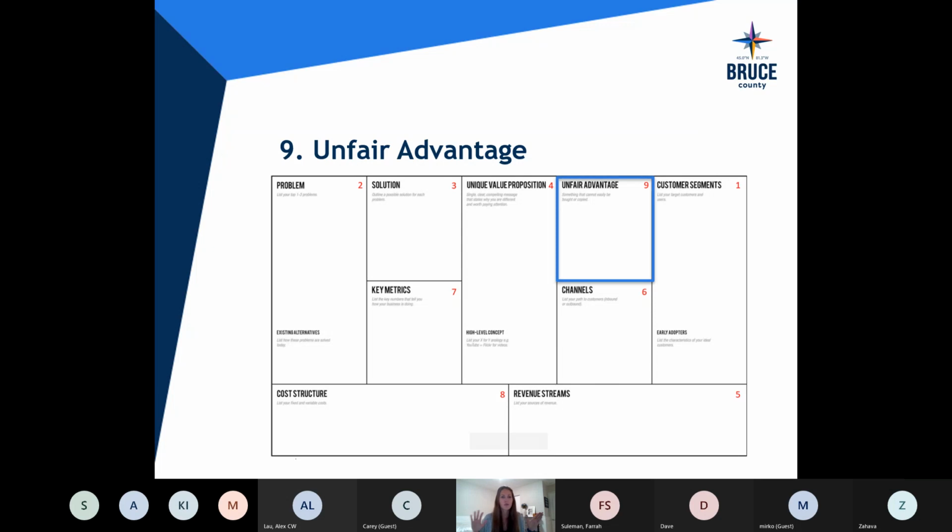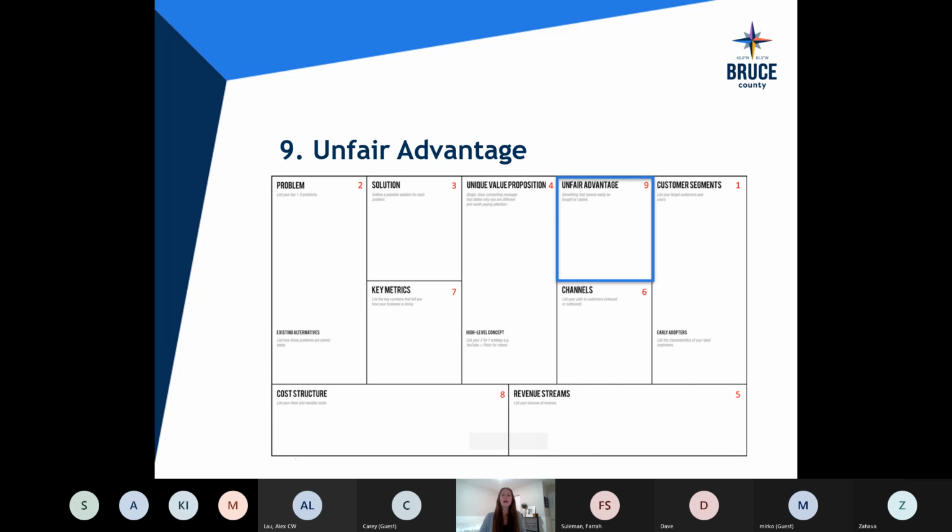You can also draw this out on a wall if you want using yarn, or put up a big piece of cardstock poster board and just start doodling away. It doesn't have to look exactly like this, but it makes that visual aspect where you can move that sticky or change it or put a new sticky up once you go, hey, I actually identified a better problem that's more in line with my customer segment, and work from there.